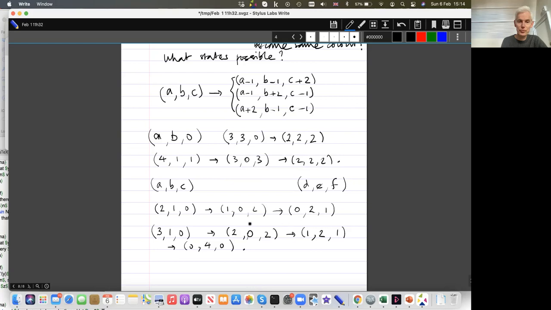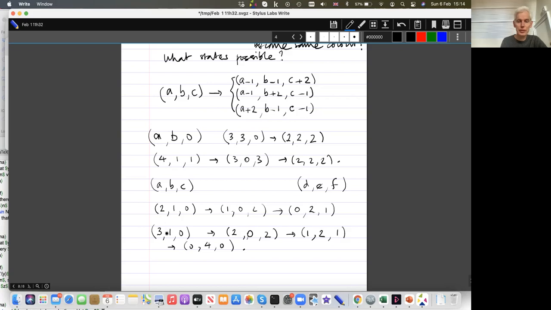So I had 3, 1, 0. I had to subtract from those two. And then I had to subtract from those two. But at this point, I could have subtracted from any two of these things. So I could have gone from 0, 1, 3, which would have been this, but in a different permutation.